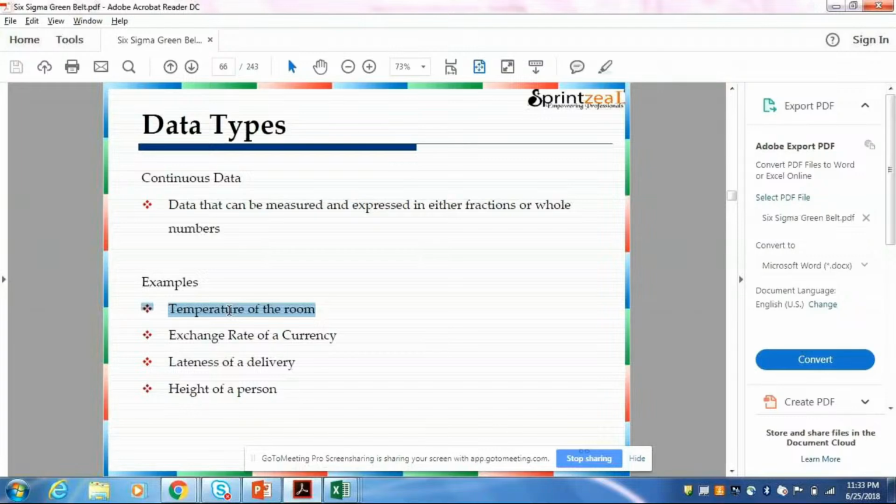So, temperature of the room. Do you think it's a continuous data or a discrete data set? Discrete. Okay, why discrete? Because the temperature of the room is 75 degrees, you cannot actually break it down.